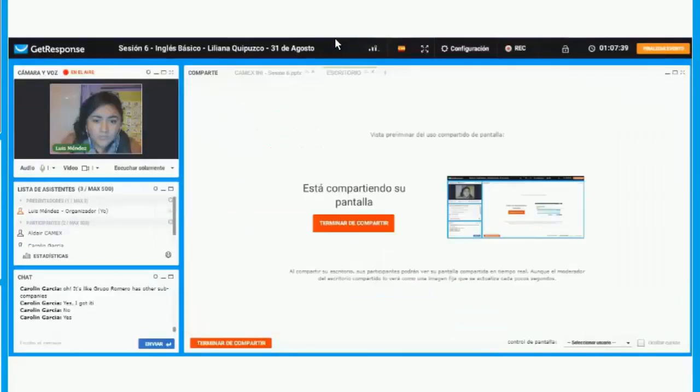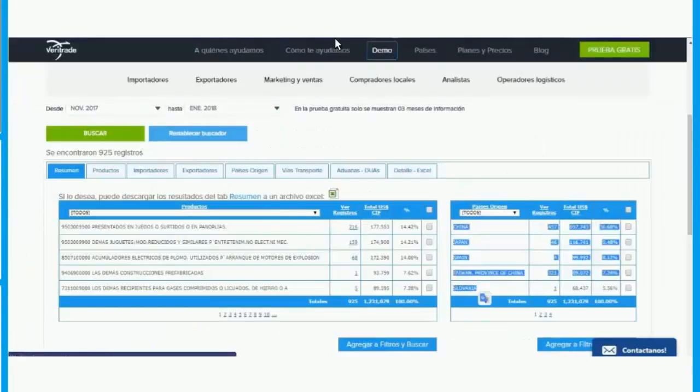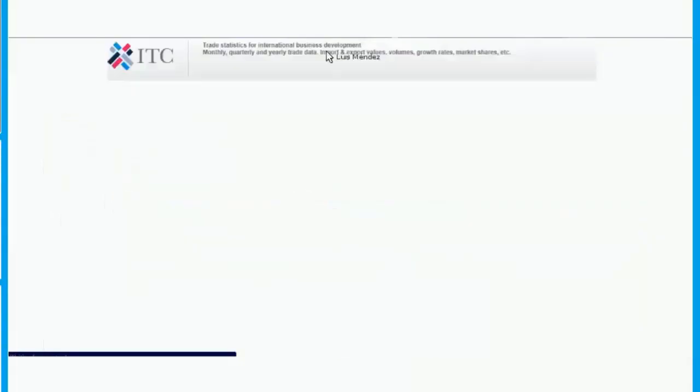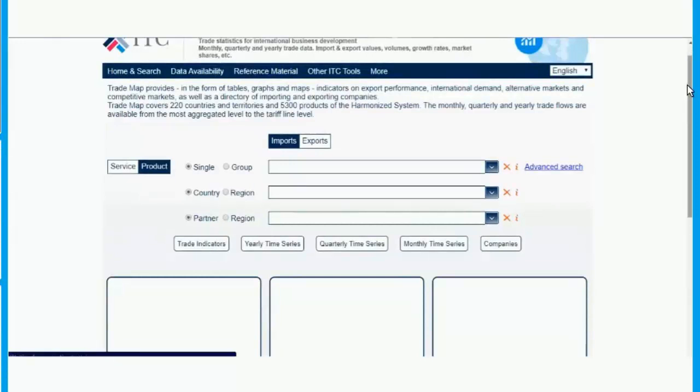And the last one is Trademap. It is kind of like VeriTrade, but it is a free one and it shows you information from more years, not just 3 months.